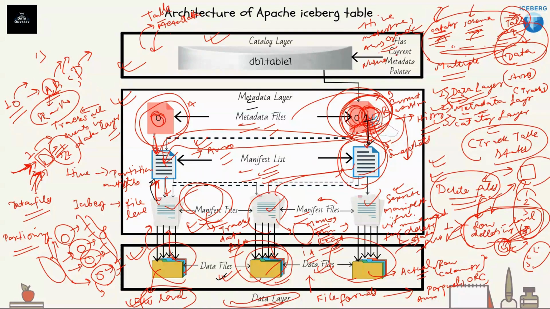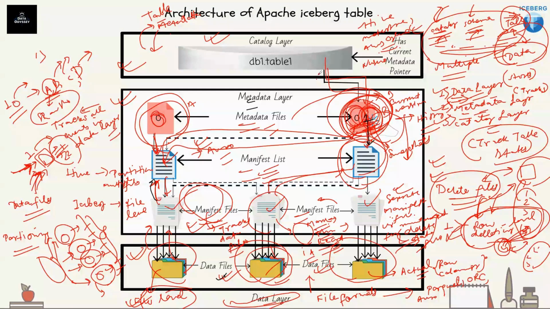And how do these catalogs help? You can see I'm writing over here, it has the current metadata pointer. So the catalog keeps track of the current metadata file. This metadata file keeps track of all the snapshots, and the latest metadata file, which has all the snapshots from start till end, is tracked by this particular catalog.